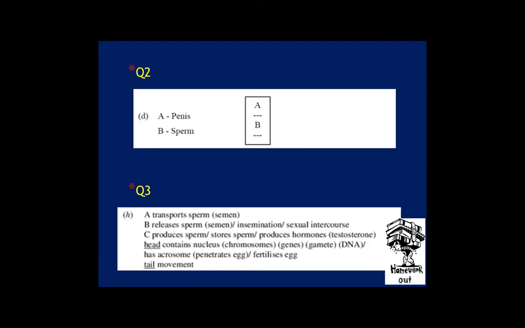So insemination is just when the male deposits sperm in the female. C produces sperm or stores sperm or produces testosterone. We may not have done this part just yet, but the head has the nucleus or has the DNA. The tail is responsible for movement. So you can have a look and compare what you got.